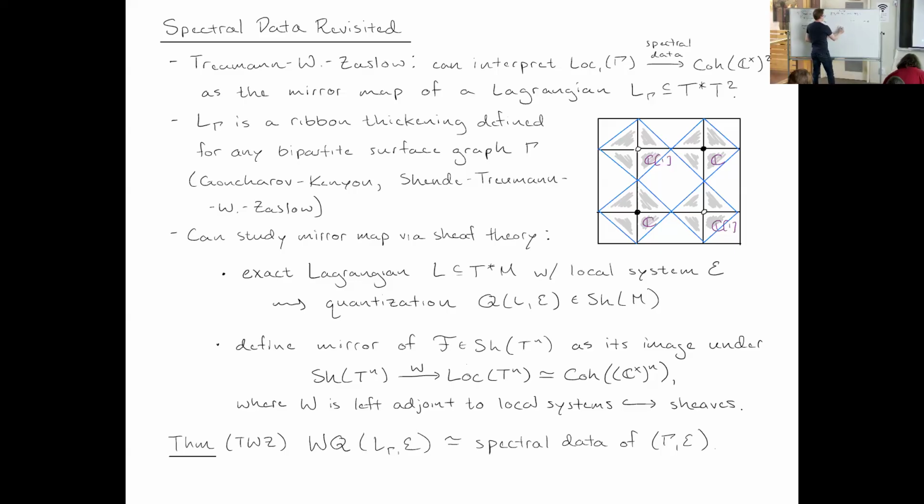And let's say if I did the constant sheaf on some interval, then I would have that interval and then half of the codirections at one point or the other.